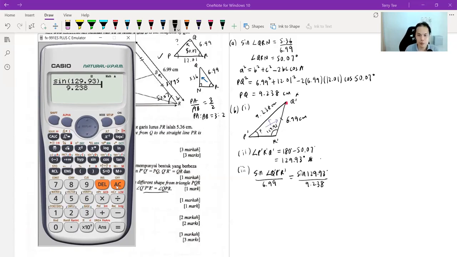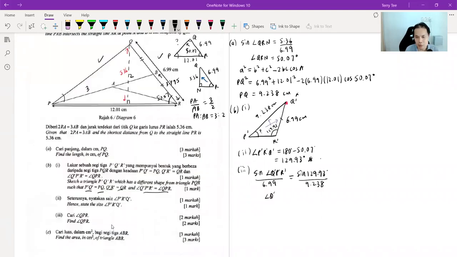Whatever we get here, we multiply by 6.99. Whatever we get, shift sine, answer equals 35.47. Angle Q prime P prime R prime is 35.47. There you go. I'm done up to here.